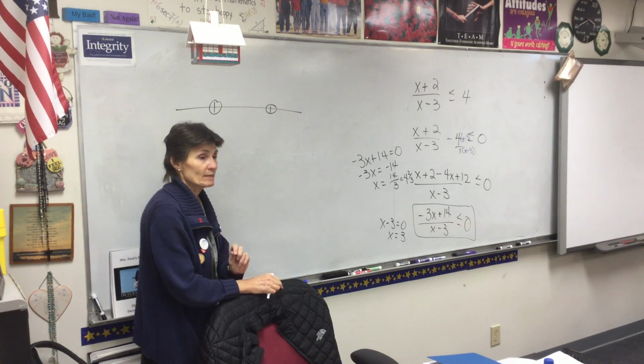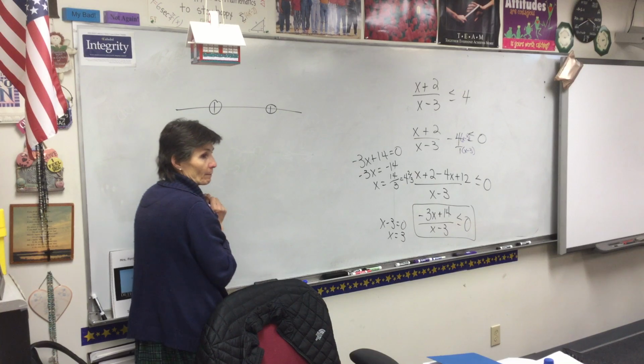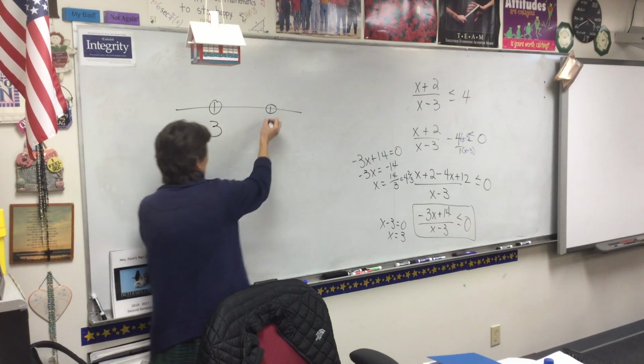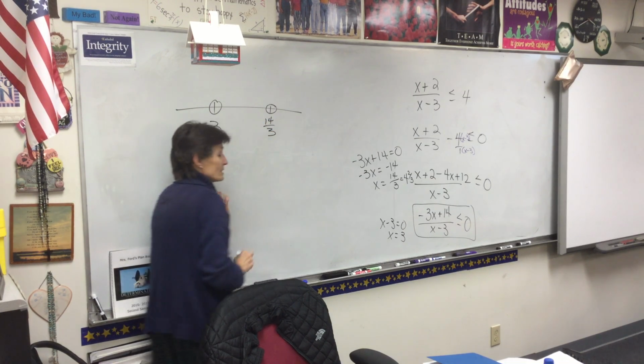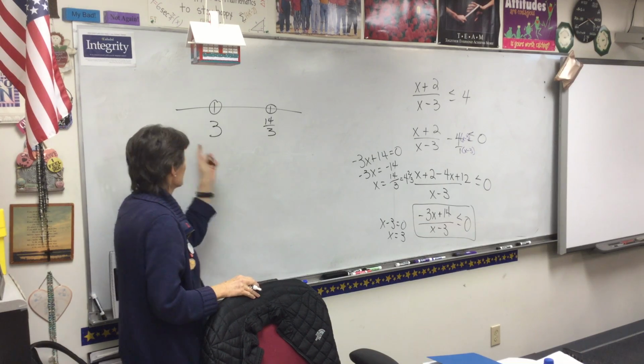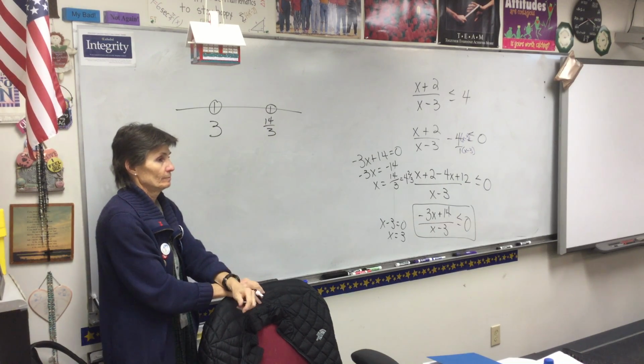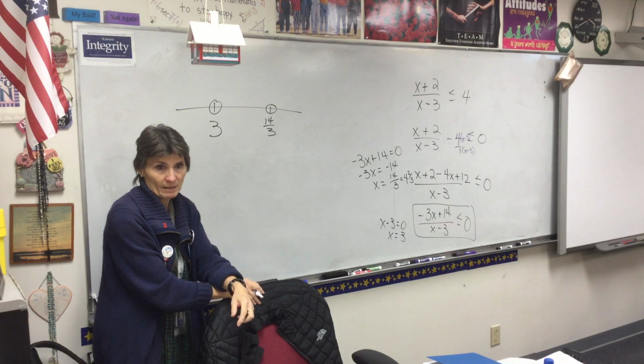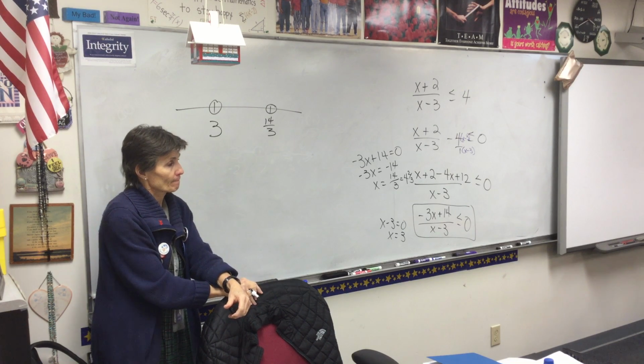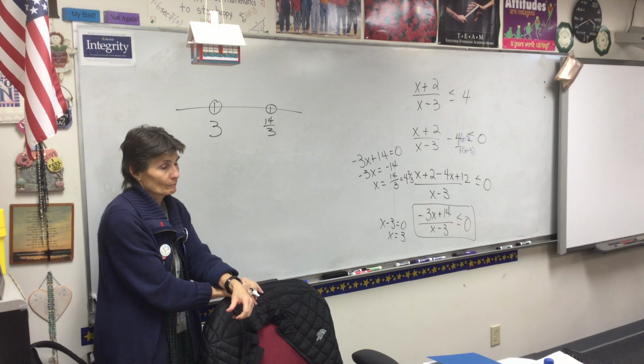I can leave it as 14 thirds, but I have to know where to put it on the number line. The 3 goes here, and the 14 thirds goes here, because 14 thirds is more than 3, because it's 4 something. Everybody okay with that?